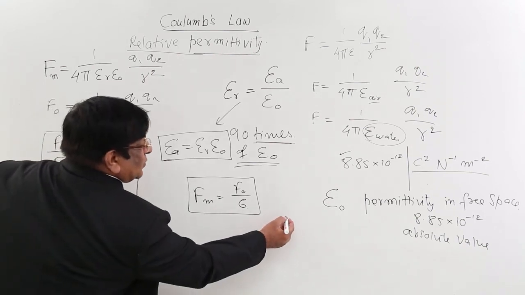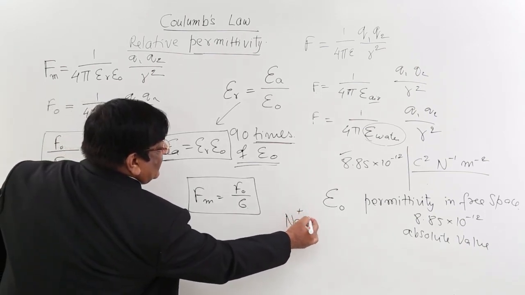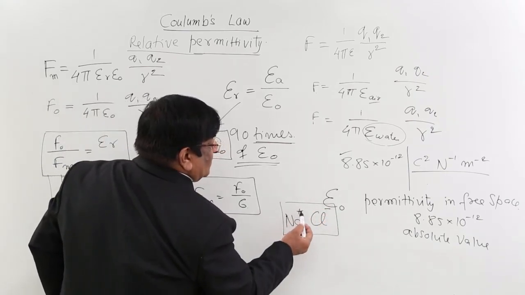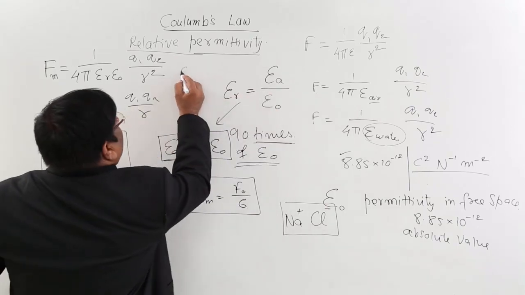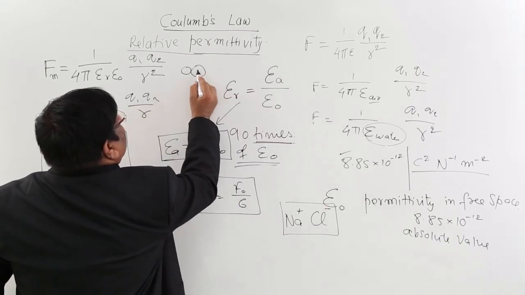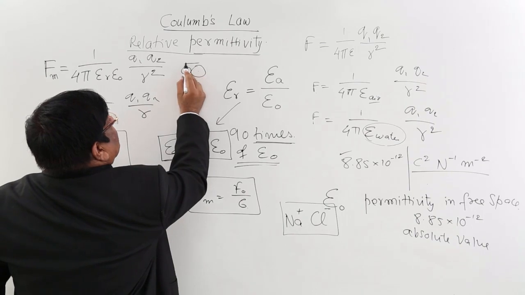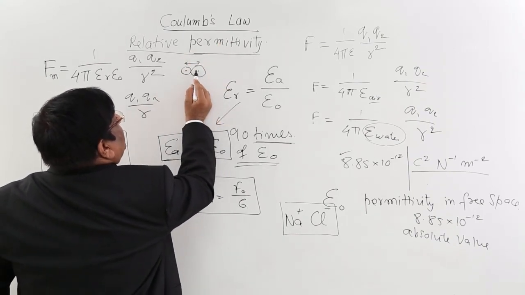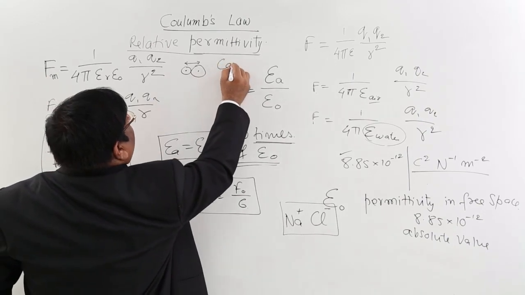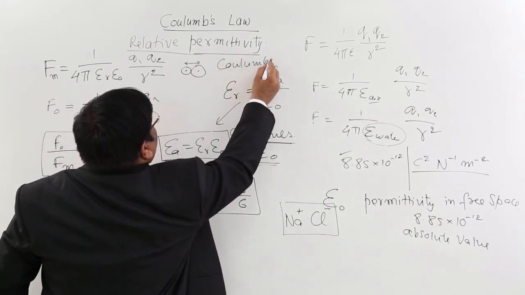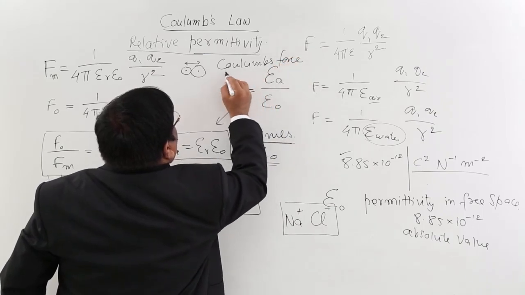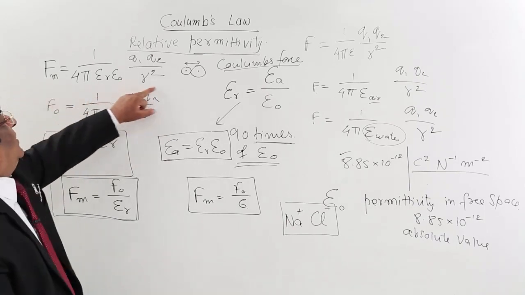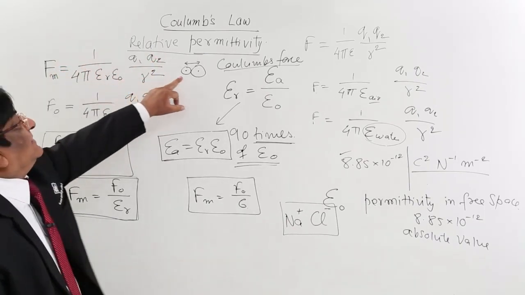If we have a sodium ion and a chloride ion in air, this is plus, this is minus, and they apply a force on each other according to Coulomb's law. Because of this, we have given it a name, Coulomb's force, that is electrostatic force. Now this force is governed by this formula, and it's a very large force.